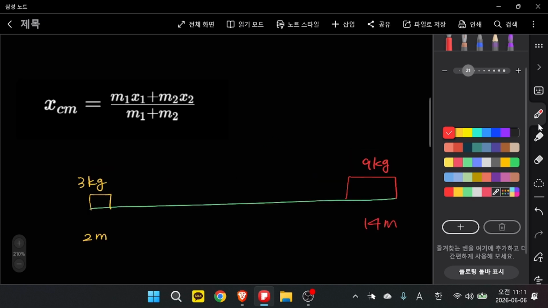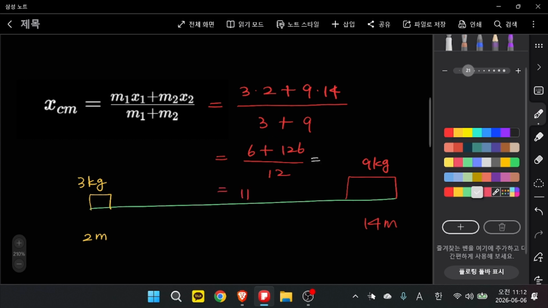Using the formula, again, the center of mass is closer to the heavier object.